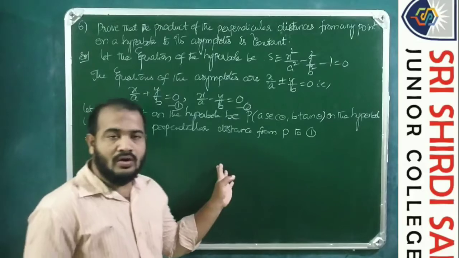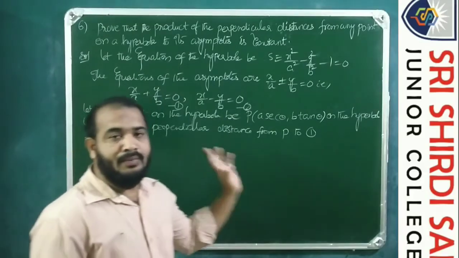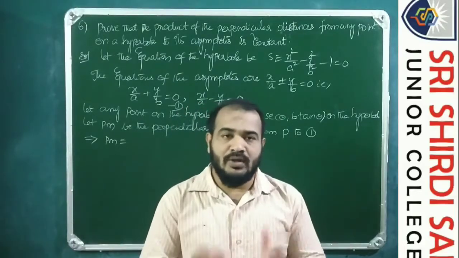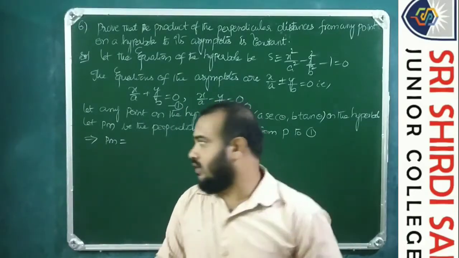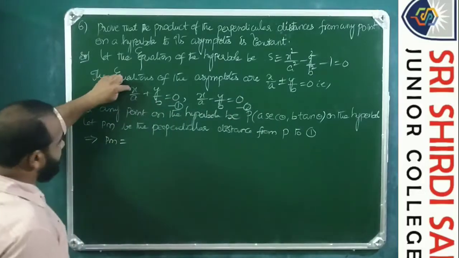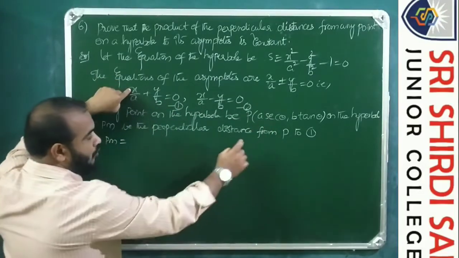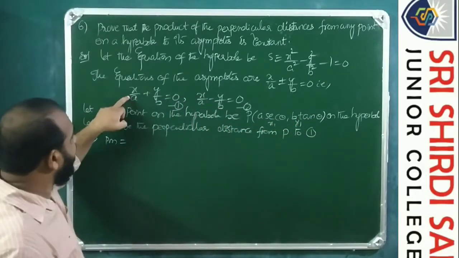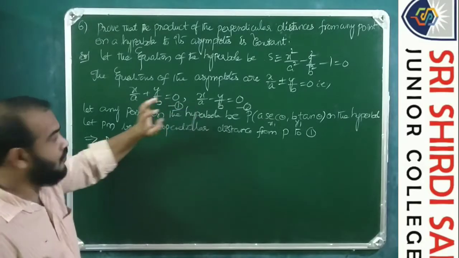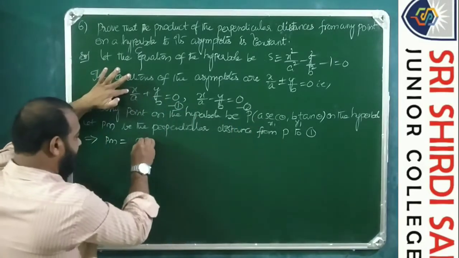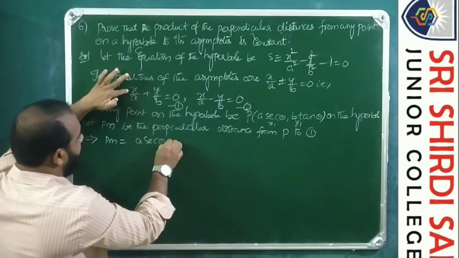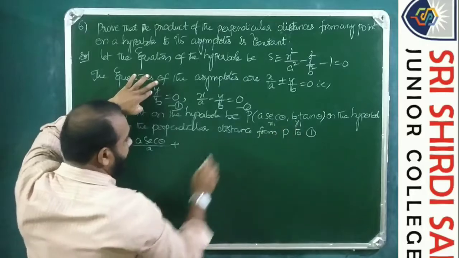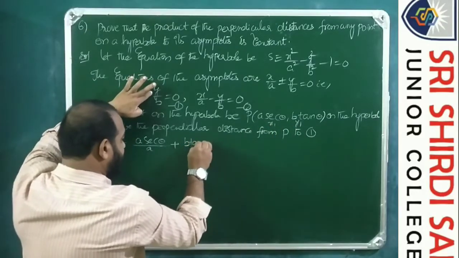Then the length of the perpendicular from P(x1, y1) to the line ax plus by plus c equals 0 is modulus of ax1 plus by1 plus c by square root of a square plus b square. In the place of x, substitute a secant theta, and in the place of y, b tan theta.